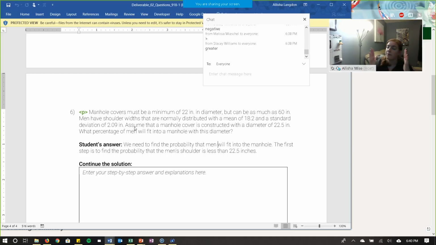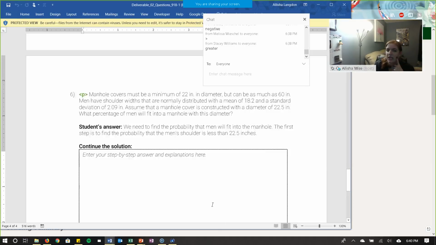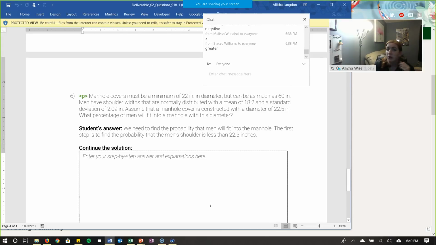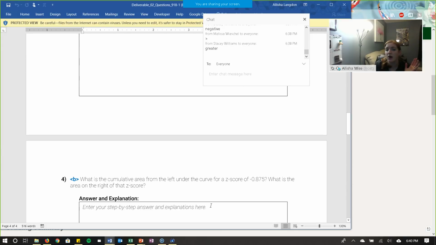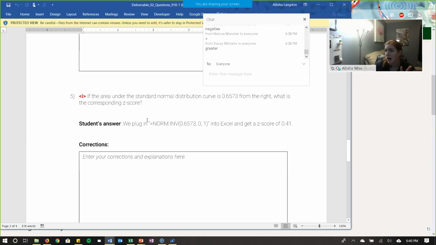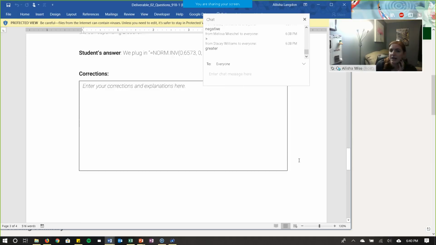Now, they want to know what percentage of men, so what's the probability that a man would fit into this manhole that's 22.5 inches. So think about what that would mean, and they've started out correctly here, so you can just keep going from that. You can actually answer all the questions so far except for number 5, unless you want to peek ahead to Wednesday's lecture.